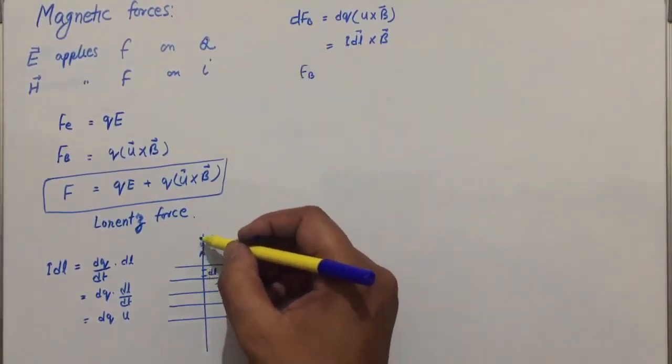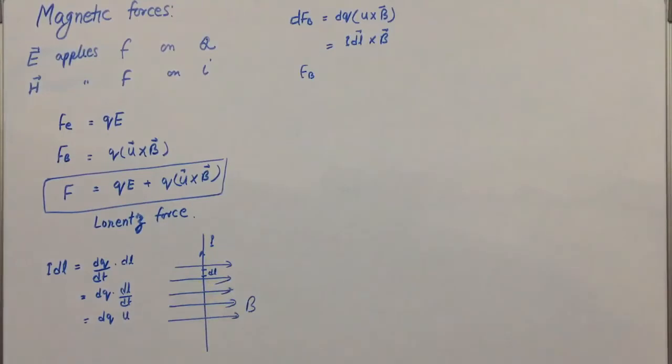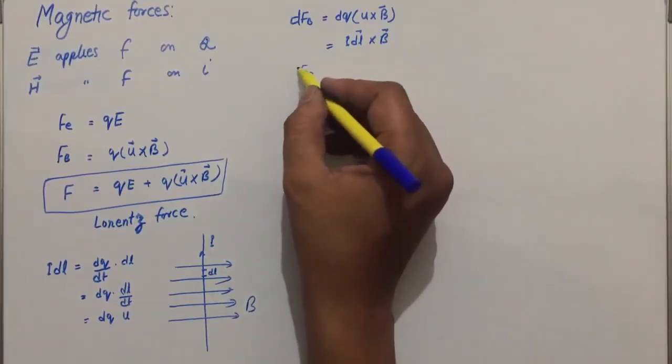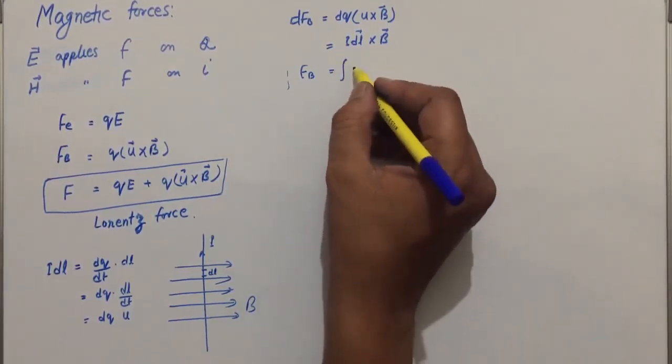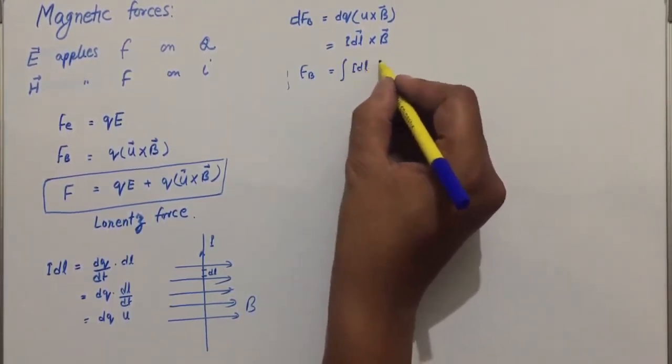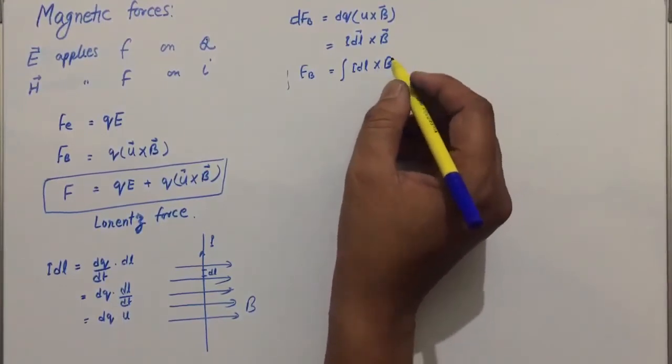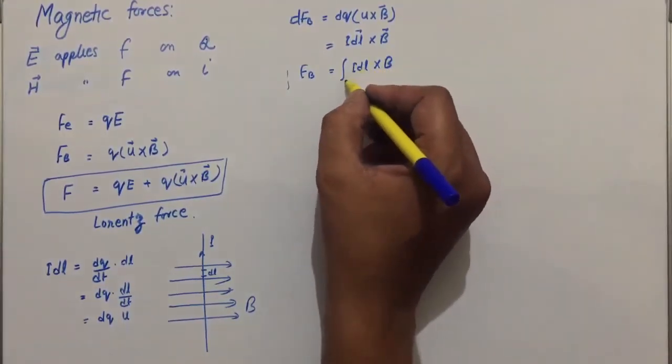If we wish to find it for the full length of the conductor which is in the magnetic field, then we will integrate this, IdL cross B, and the integration should be for the full length.